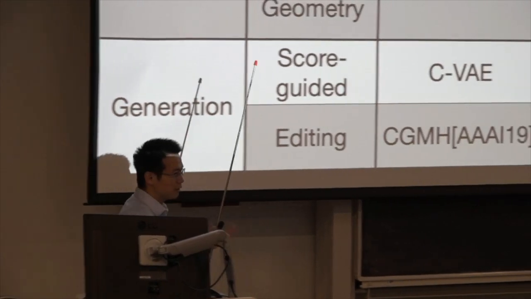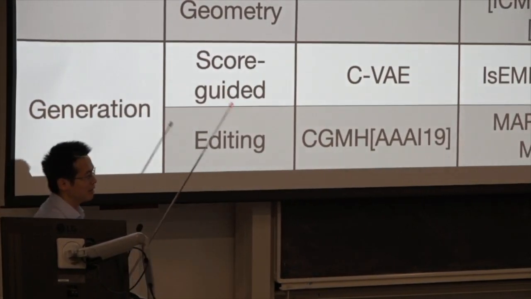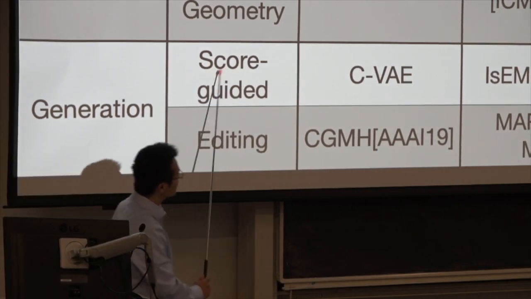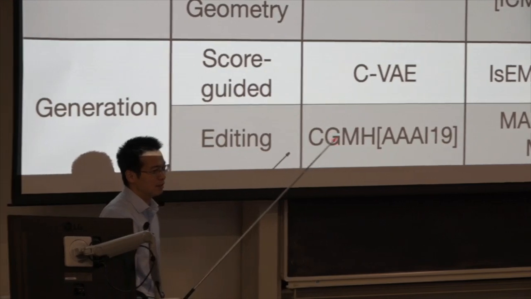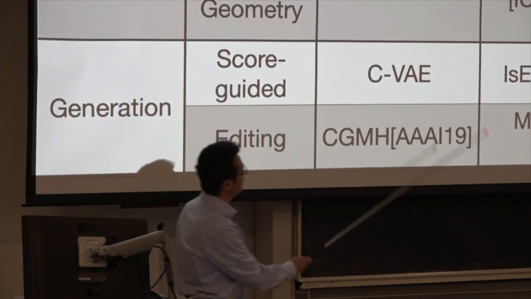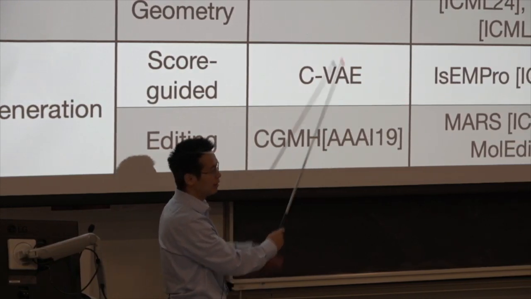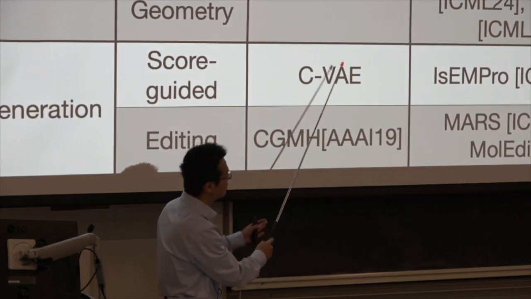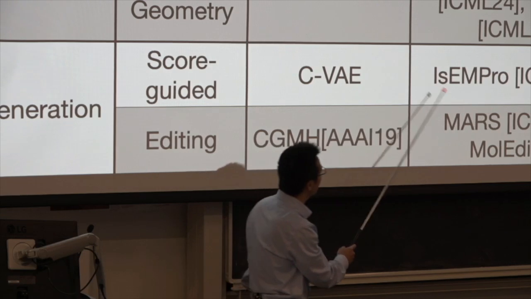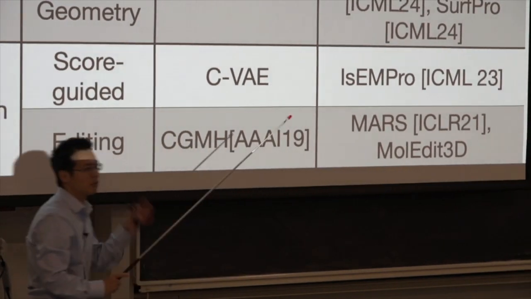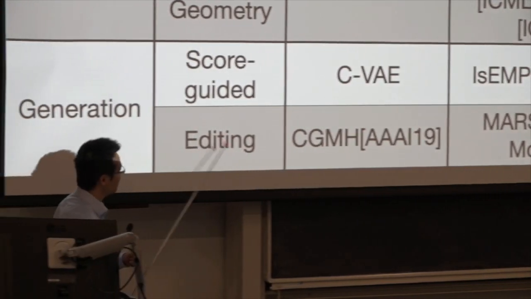For the generation, to actually decode the molecules and text, there's score-based methods for both language and molecules. There's conditional VAE that was quite popular before GPT. And there's ESM Pro. This is also score-guided generation.